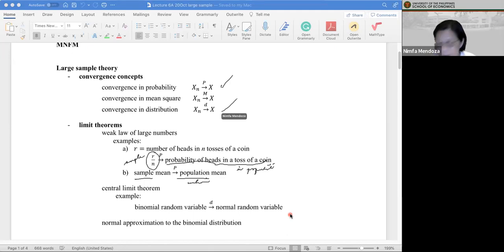What is interesting here is that you have a discrete random variable approaching the distribution of a continuous distribution. So based on this, you can have a normal approximation to the binomial distribution. That's an application of this finding.